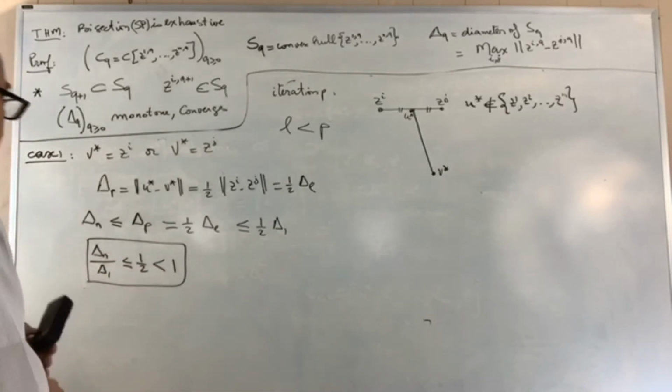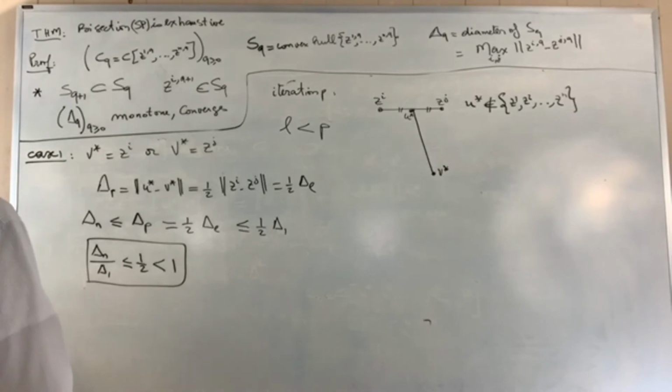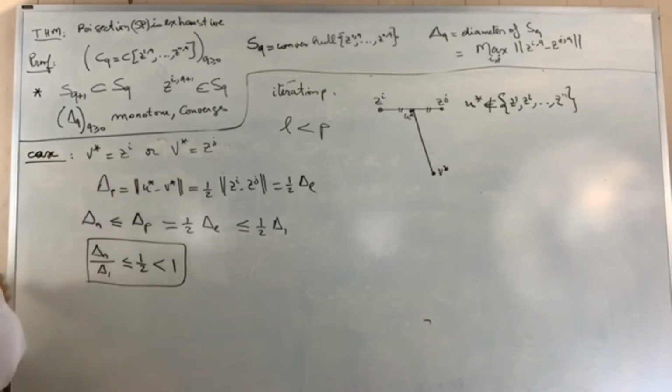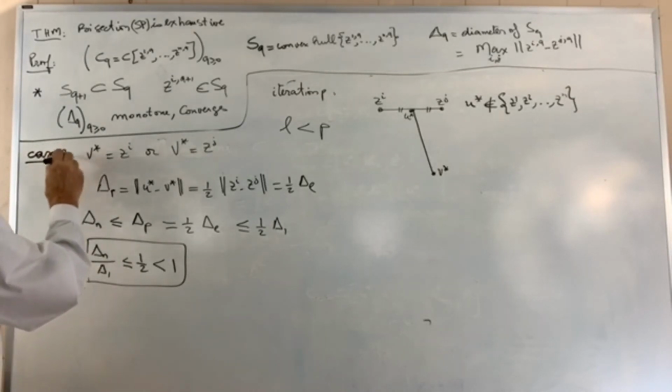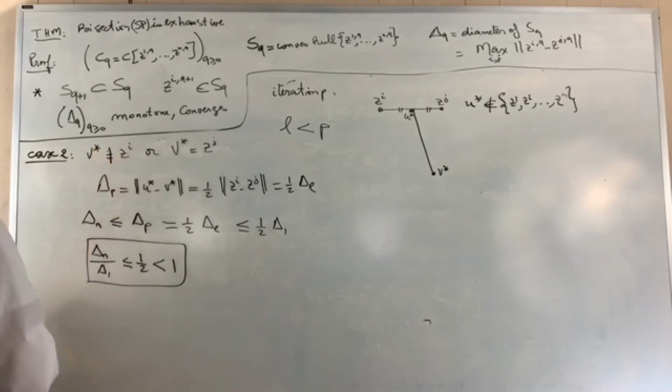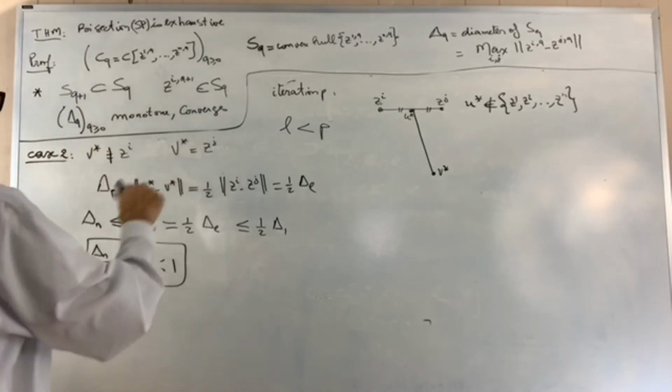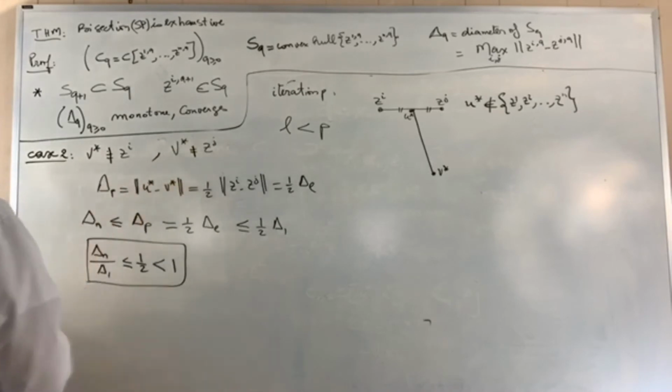Now, the second case, case 2, so V star is not Zi and it's not Zj.